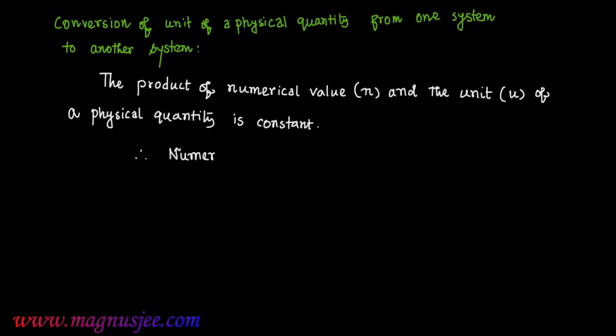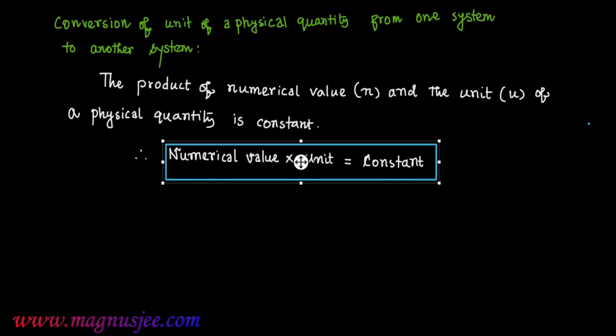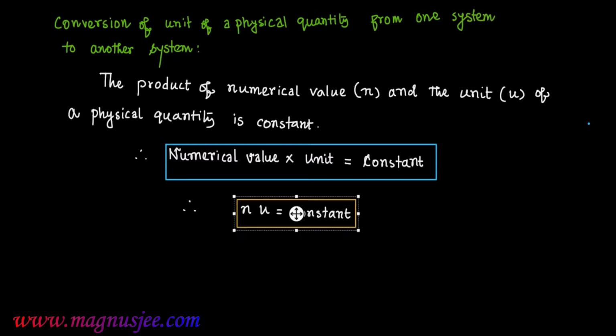Therefore numerical value into unit will be equal to constant. That is, the product of numerical value and unit remains constant. Therefore nu equals constant, where n is the numerical value and u is the unit of a physical quantity.